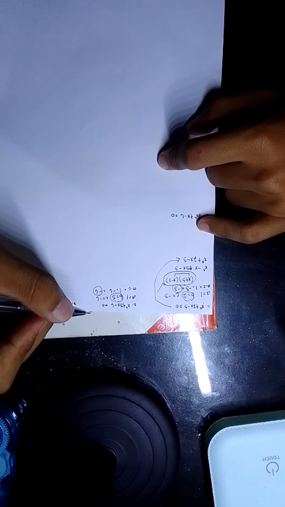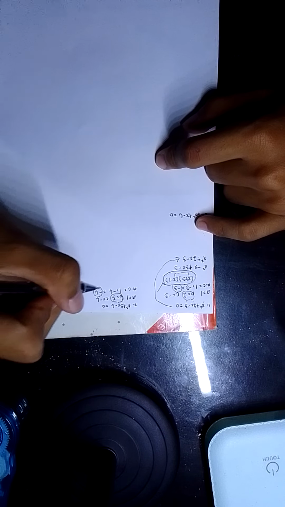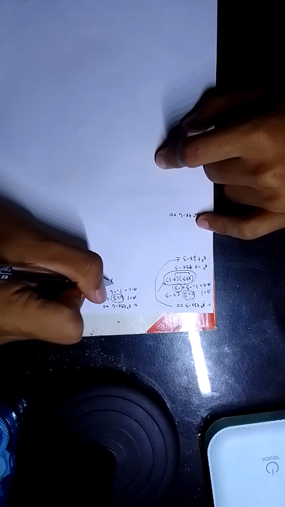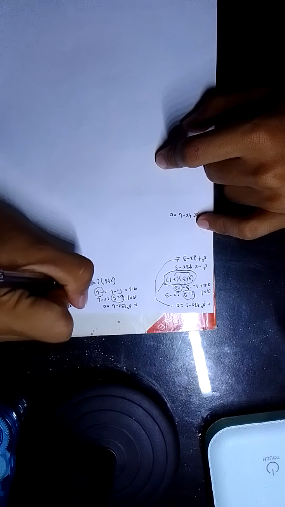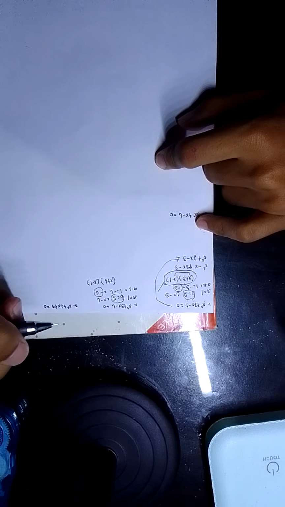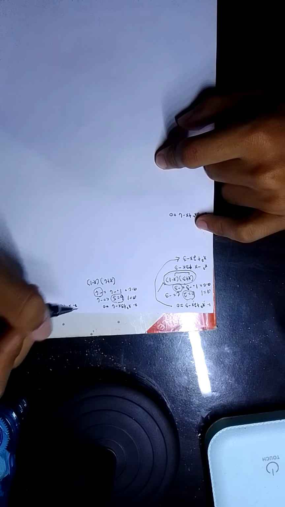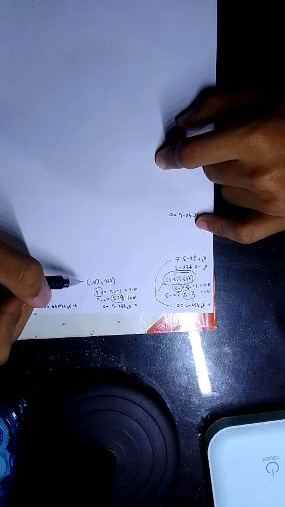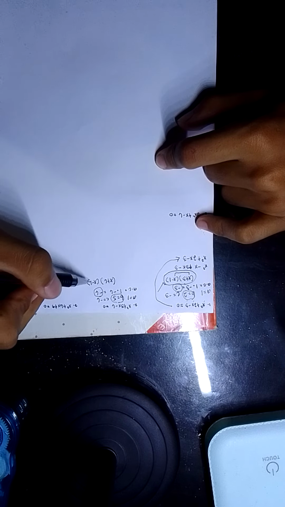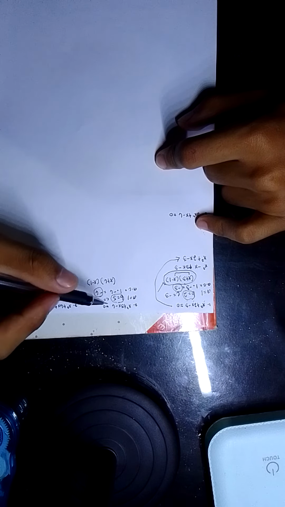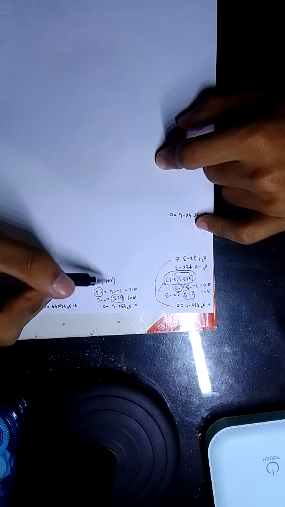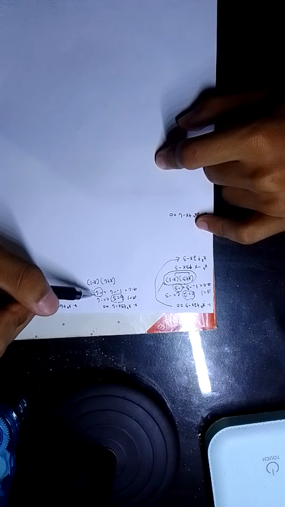Therefore, the answer is x plus 6, x minus 1. Why? Because, as I've said earlier, think of a number that if you're going to add them, the answer is our B. Then if you're going to multiply them, the answer is the product of our A times C.